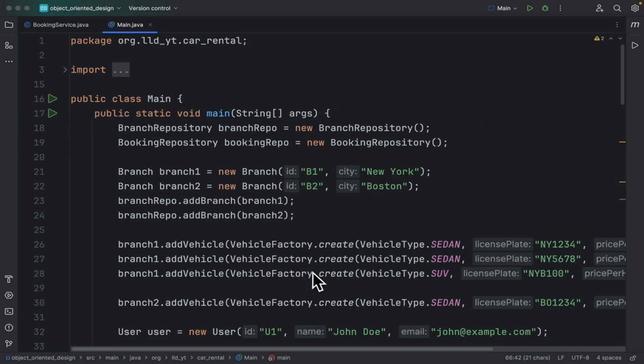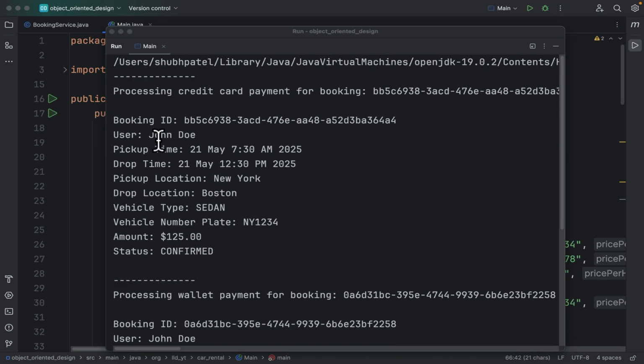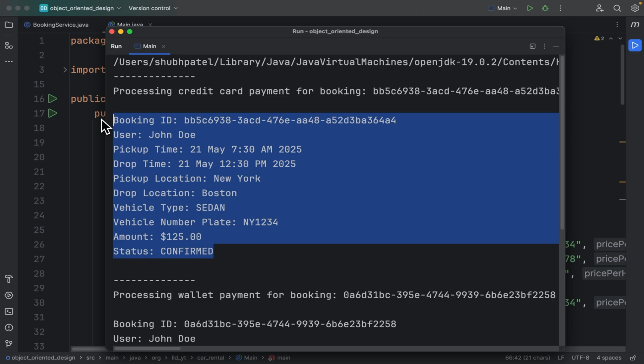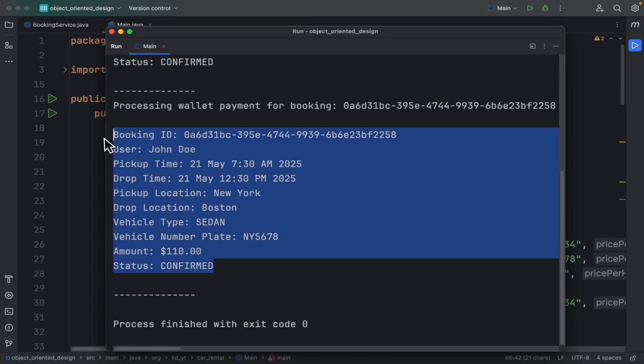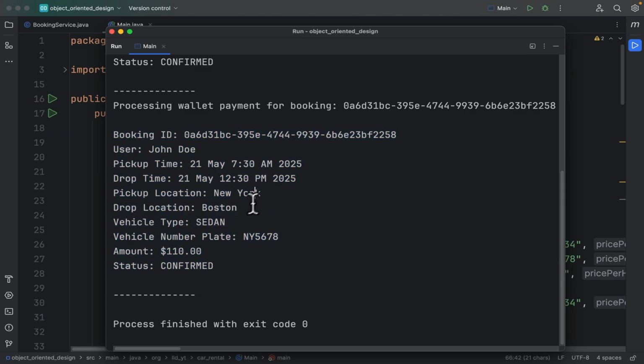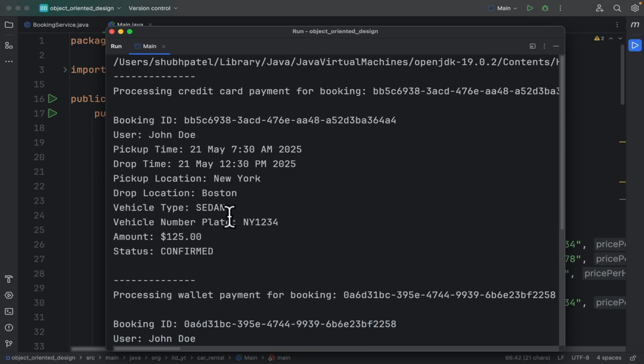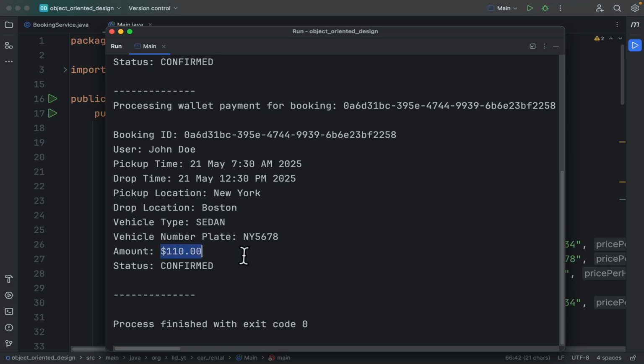So let's run the code and see the output. As you can see, the booking was successful both of the times because there were 2 sedans available in the branch B1, and the amount charged was $125 for the first vehicle and $110 for the second vehicle.